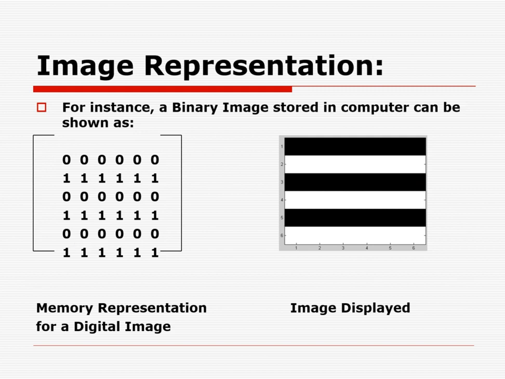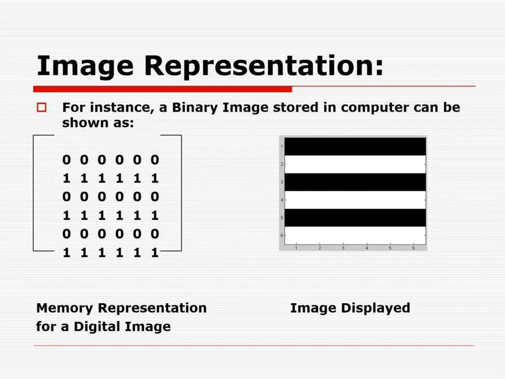As a result, all those pixels with intensity value 0 will appear black on screen, and all those pixels with intensity value 1 will appear white. This is just to show that sampling and quantization are very important in deciding how the image will be visualized on screen.